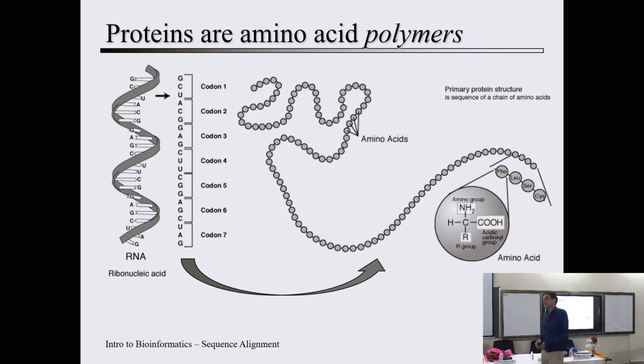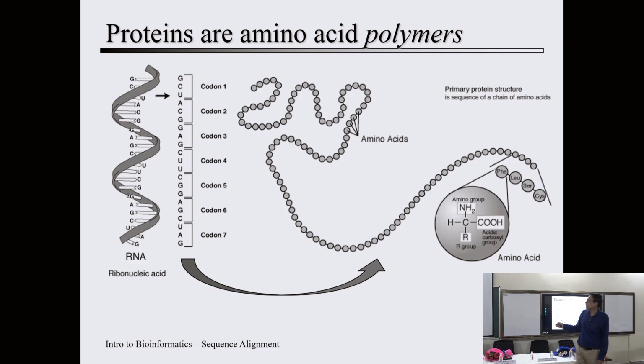If it is a messenger RNA, then these triplets of nucleotides define codons, and these codons code for amino acids, which would imply that there would be a sequence of amino acids.